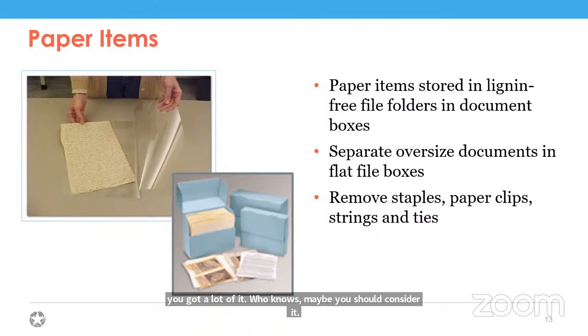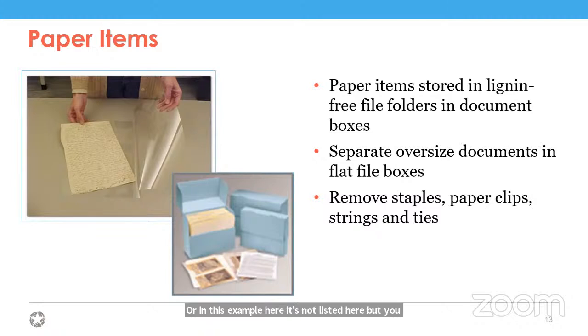Or in this example here, it's not listed, but you could get some of these acid-free, the material is escaping me at the moment, polyester, these little clear sleeves. You can get them from a lot of different resources.